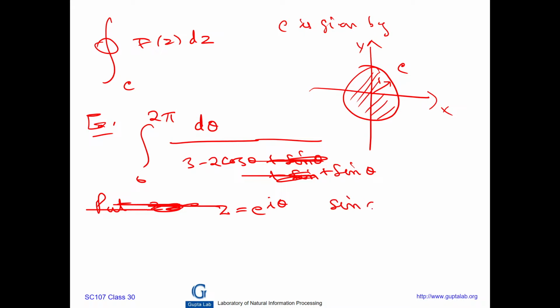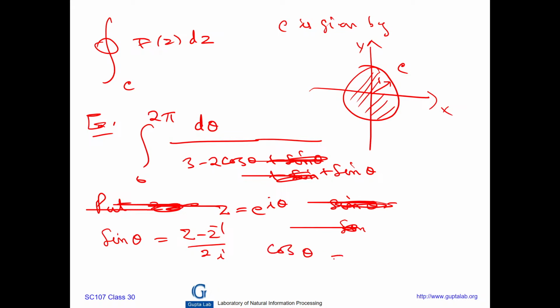Sin theta will be what? z minus z inverse by 2i. Cos theta will be z plus z inverse by 2, and dz will be i times z into d theta.